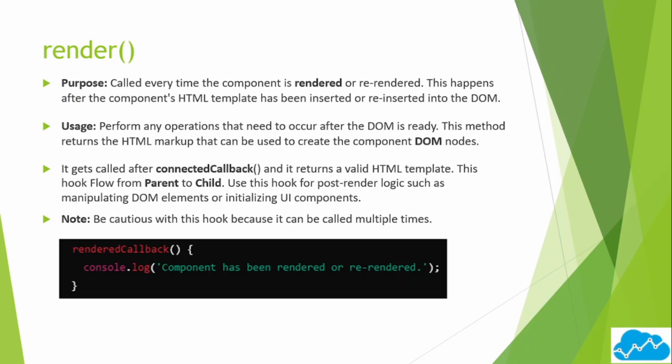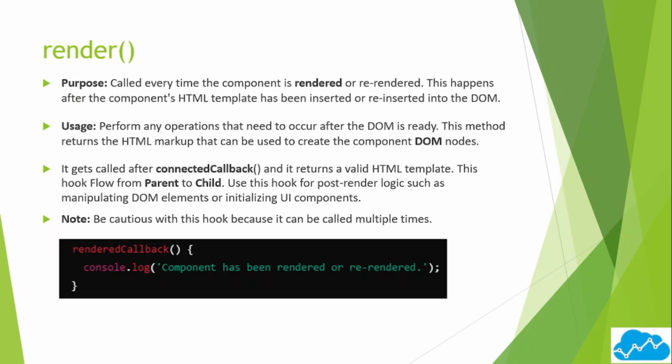It is used for any operation that needs to occur after the DOM is ready. This method returns the HTML markup that can be used to create the component DOM nodes. So here DOM nodes are also getting created.